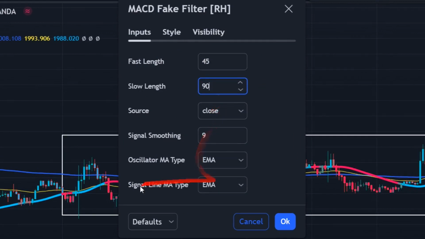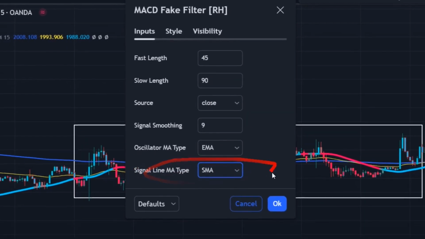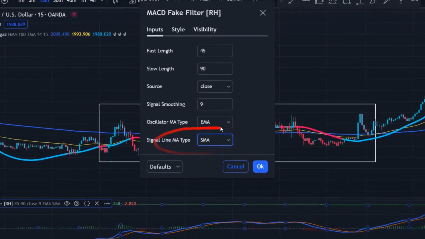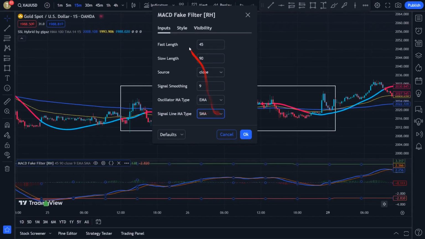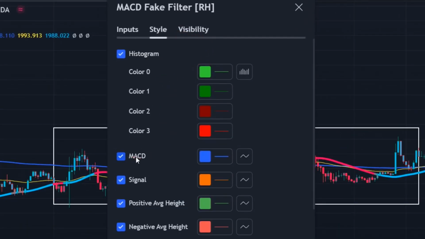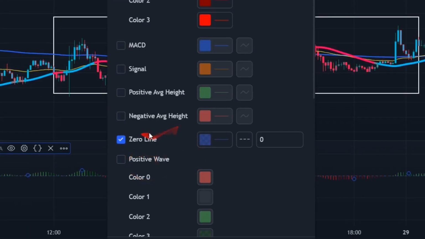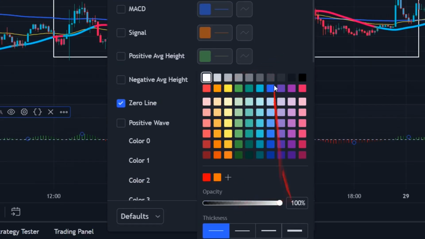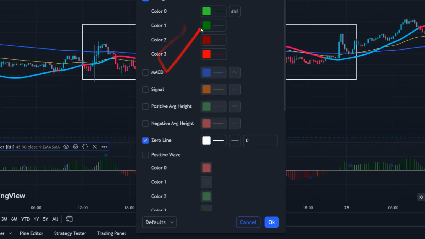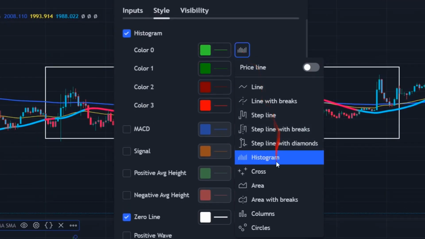Here we must make sure that the signal line MA type is set to SMA. Inside the Style tab, remove the ticks that you see and make sure that in the histogram section it is set to column mode.